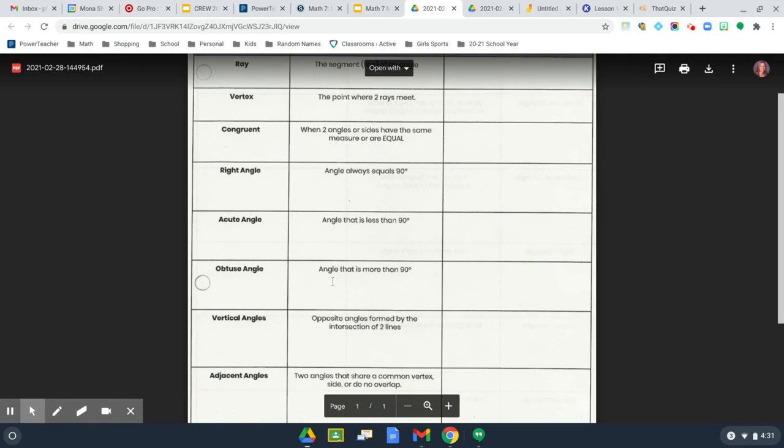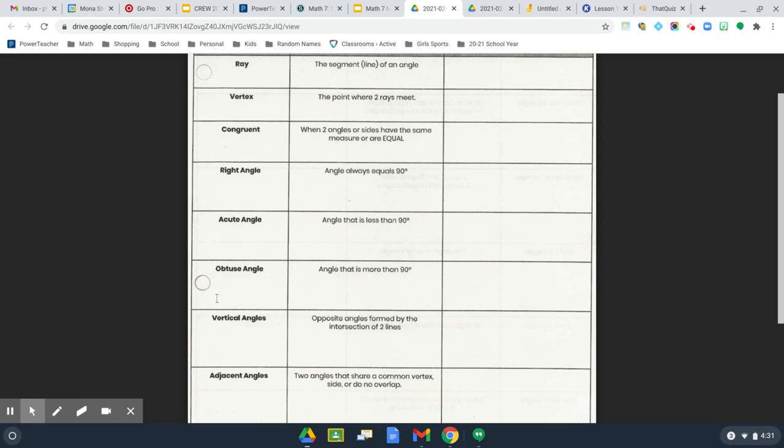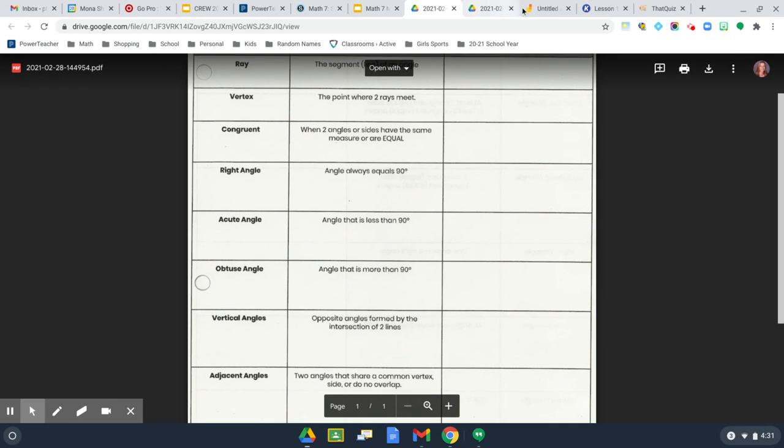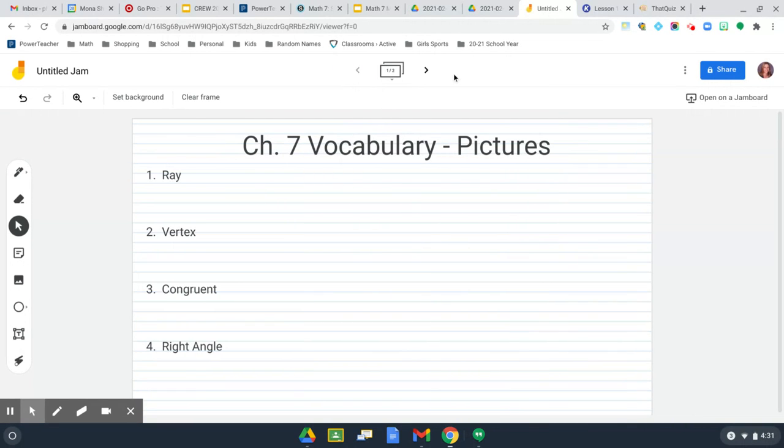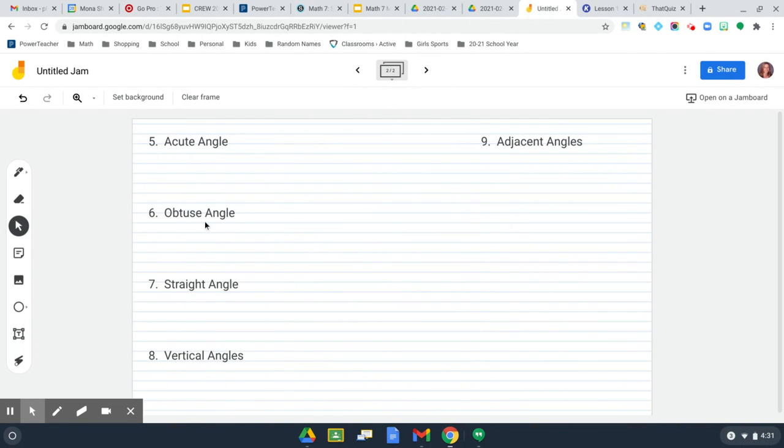Underneath that, I'm going to have you write straight angle. I'm going to flip to where I'm going to draw these pictures for you. After we draw a picture for obtuse angle, right underneath that in that same box, we'll do straight angle as well. I just forgot that vocabulary term, so you'll want to make sure you're adding that in there, please. All right, let's go back.